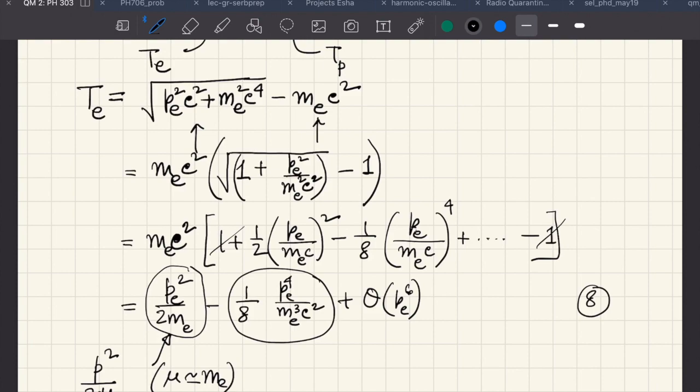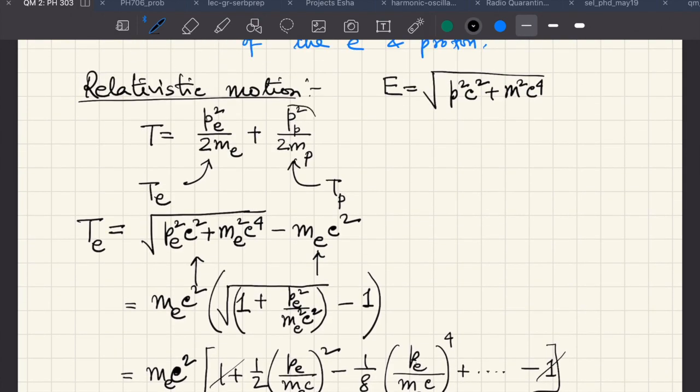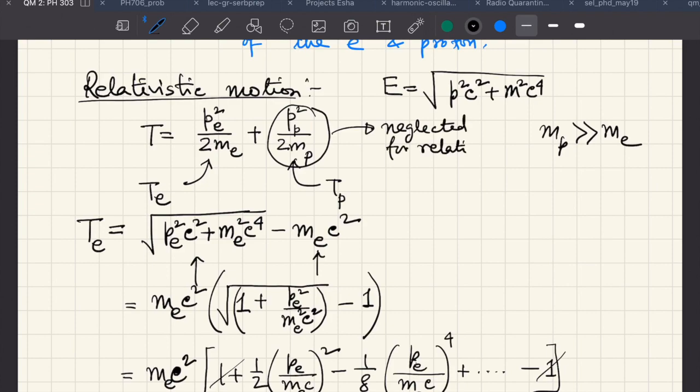Now we already had this proton kinetic energy term, but you can neglect the relativistic correction to the proton's kinetic energy simply because the mass of the proton is much greater than the mass of the electron. So this is neglected for relativistic correction.